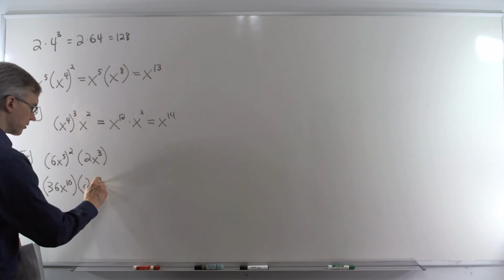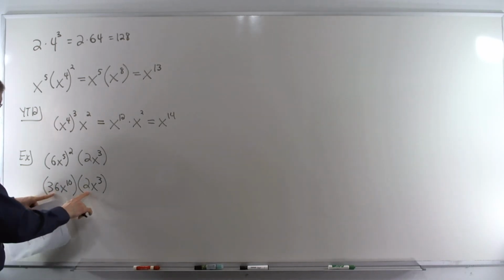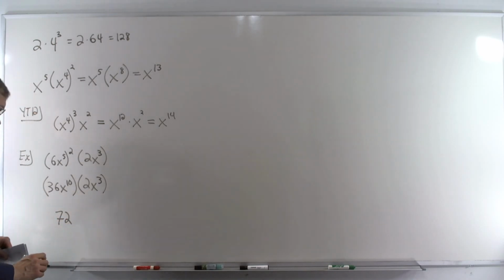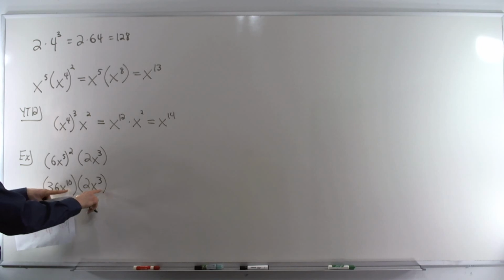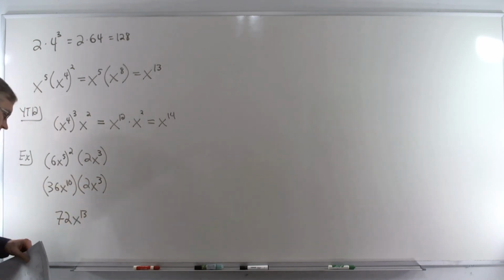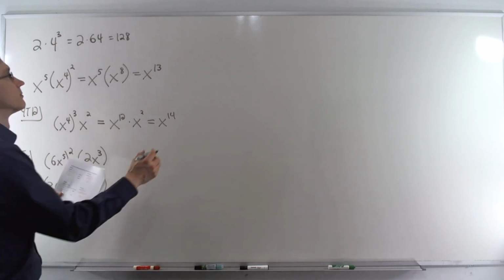Bring down 2x to the 3rd. And now we can multiply these monomials just like we did at the beginning of the lesson. Coefficient by coefficient, 36 times 2 is 72. X to the 10th times x to the 3rd, add those exponents to get x to the 13th power. Your turn, number 13.